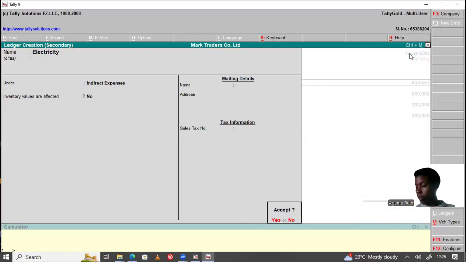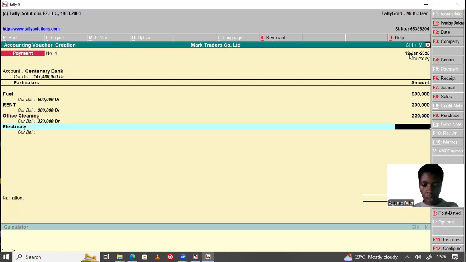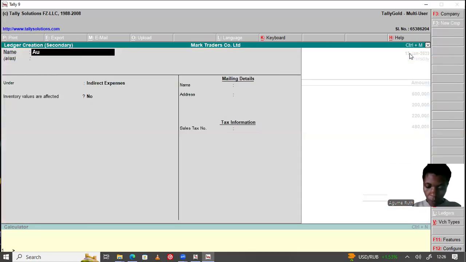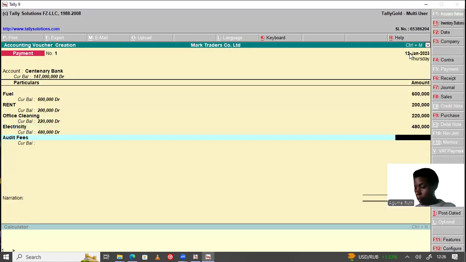It is an indirect expense, and it is 480,000. Then another one is audit fees, which is 200.